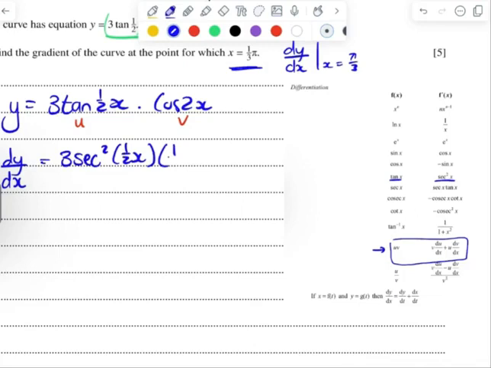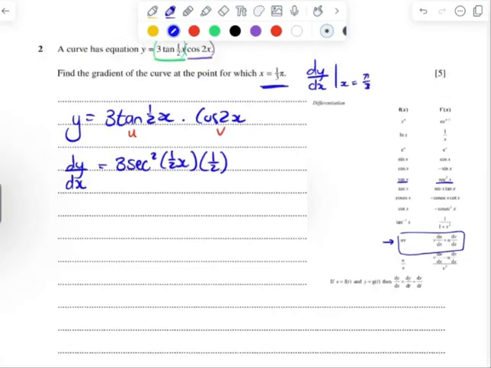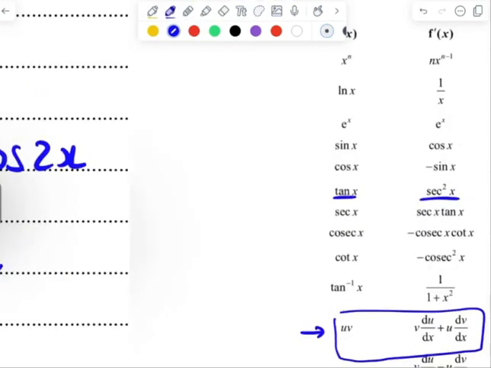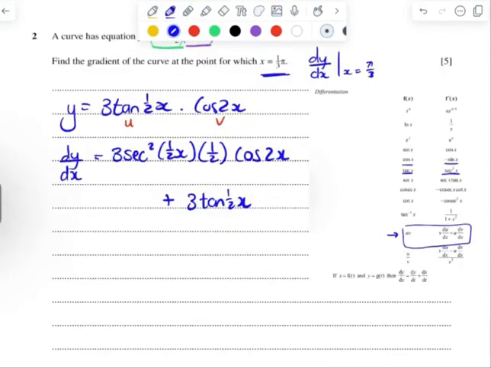But using the chain rule, I need to make sure I also multiply by the derivative of my inner function. Okay, so derive the first, leave the second, and then plus, leave the first, and then derive the second. So now I need to derive my cos. My cos goes to minus sine.